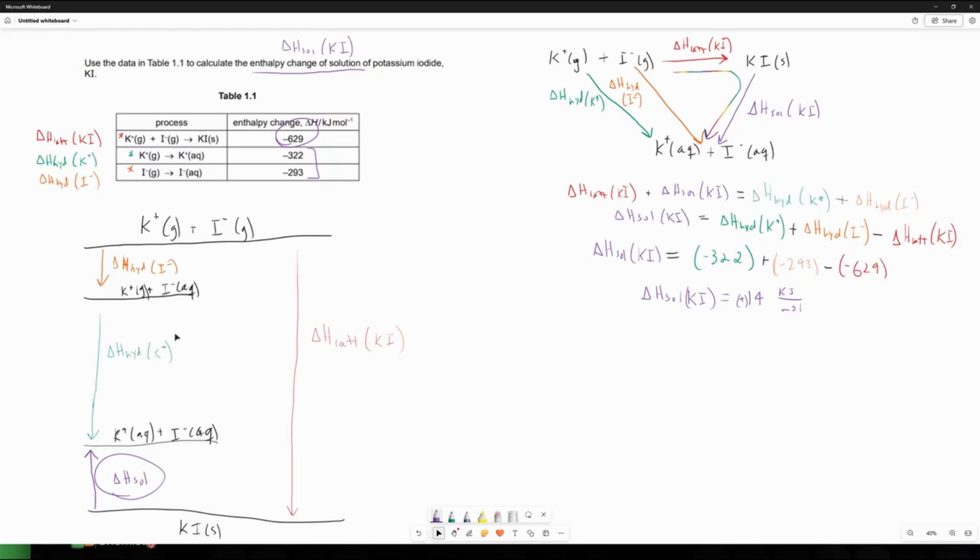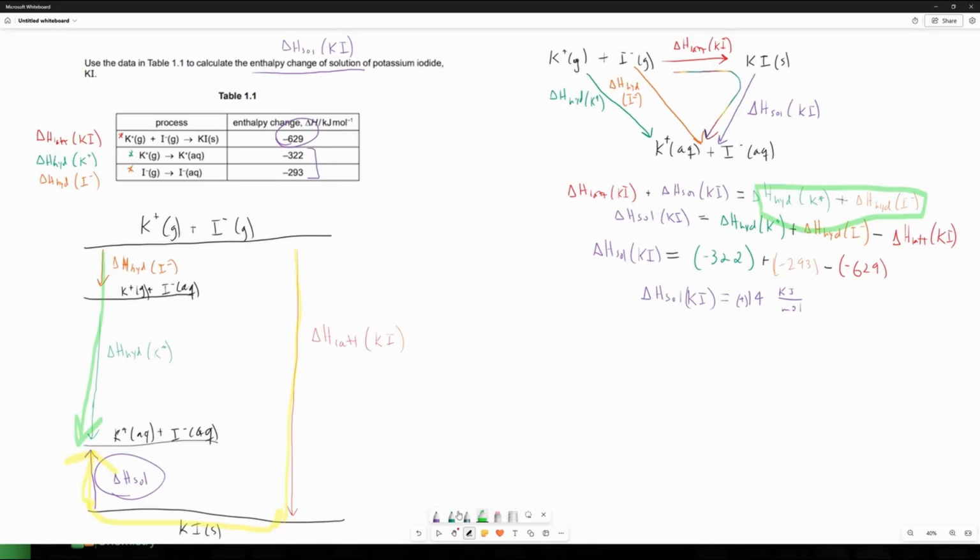If we follow the arrows, let me make this a little bigger, if we follow this alternate path, these two agree, so we are going to add these two up, the solution plus the lattice, is going to end up equal to the oppositely pathed arrows, which are these two, coming in a different direction. So these two are going to be on the same side of the equal sign, which we have right here.